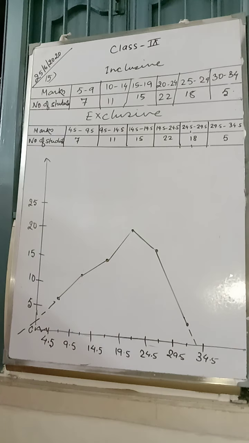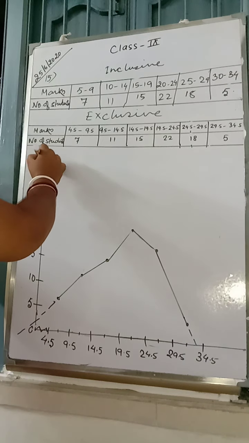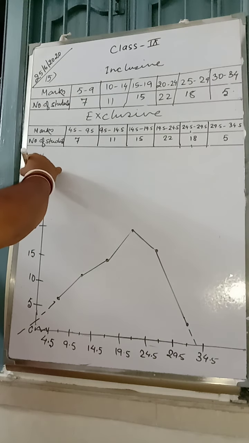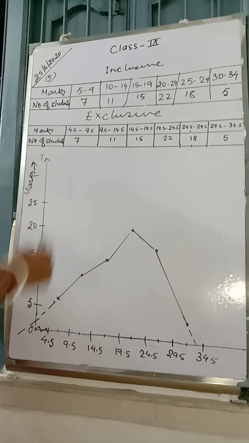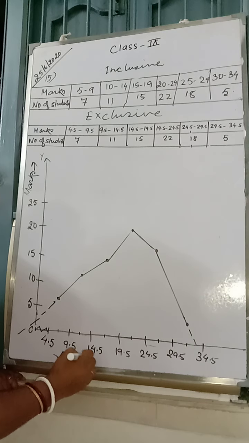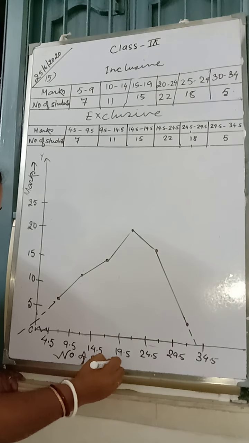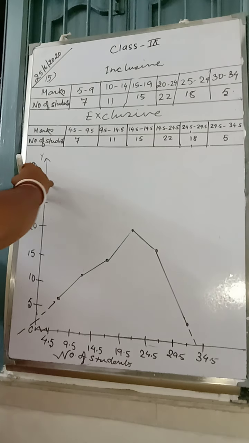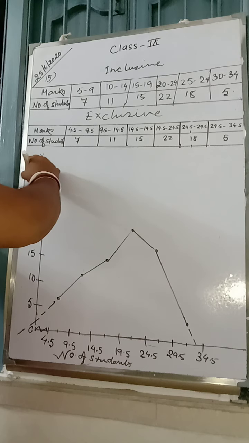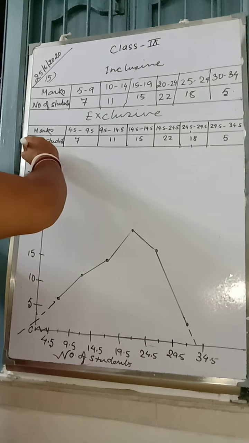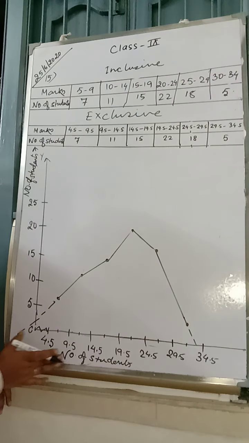Now what are the things we have to do? This is Y. Then this represents marks. This represents number of students. Sorry, I have written the opposite. This represents number of students, and this is marks.